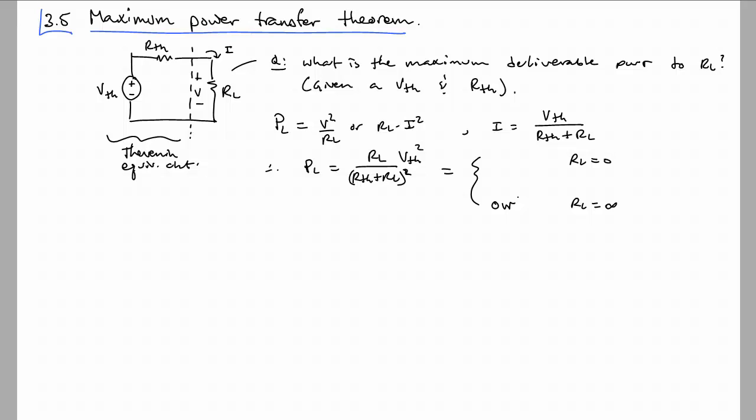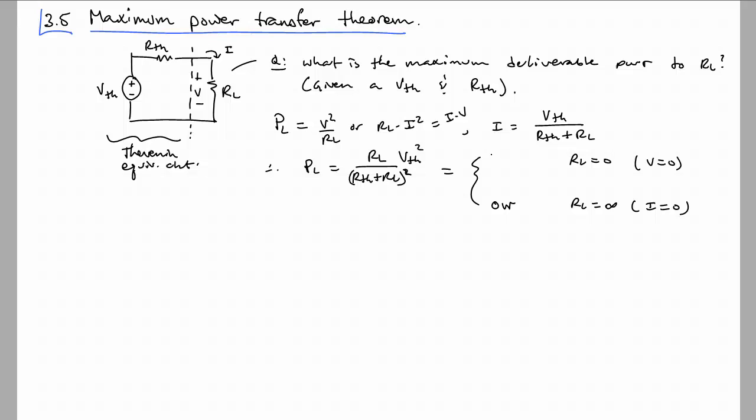If the load resistance is 0, then you can have current now, but you would have no voltage. So here, let me write that V is going to be equal to 0. In the other case, I is going to be equal to 0. And we can add another expression for PL here. The power to the load is also equal to I times V, right? So if either one of those is 0, then there's no power.